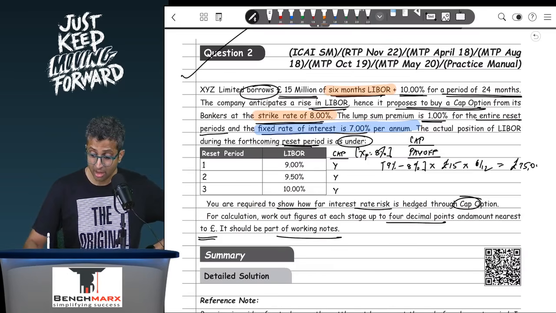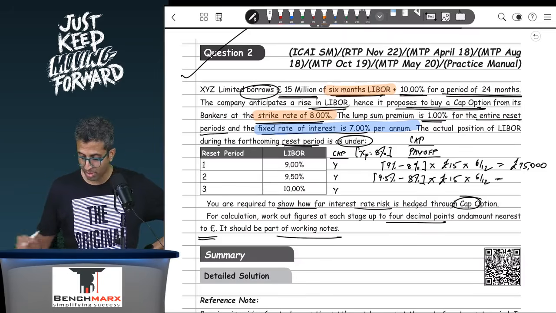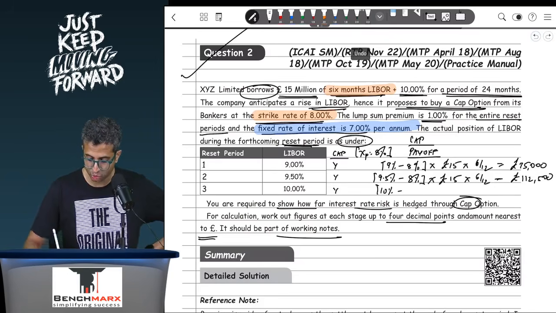So this is a positive cash inflow, but after 6 months. Similarly, in the second case, this is 9.5% minus again 8% into 15 million into 6 by 12. So this would be 1,12,500. And the last case would be 10% minus 8%, that is 2% into 15 million.